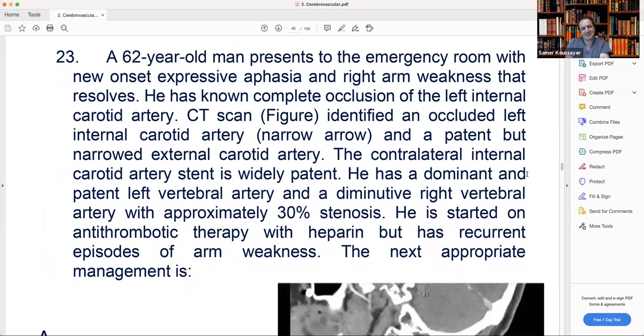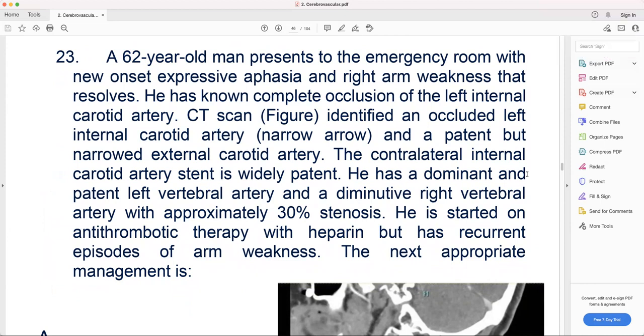Let's see what's that. A 62 years old man presents to the emergency room with new onset expressive aphasia and right arm weakness that resolved. The CT scan identifies an occluded left internal carotid artery and a patent but narrow external carotid artery.